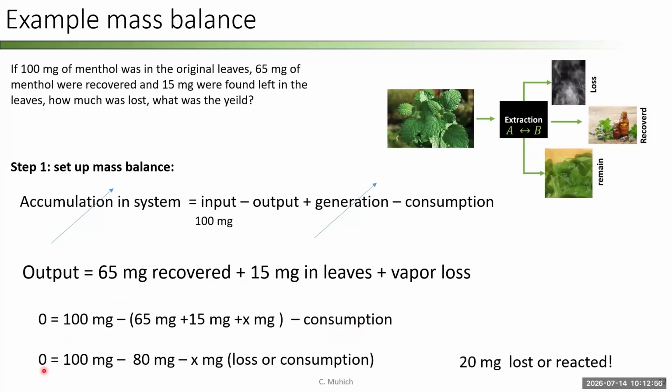Our final equation says 0 equals 100 milligrams in minus 80 milligrams accounted for minus x milligrams that are lost or consumed. If I solve for how many milligrams were lost or consumed, I end up with 20 milligrams unaccounted for.